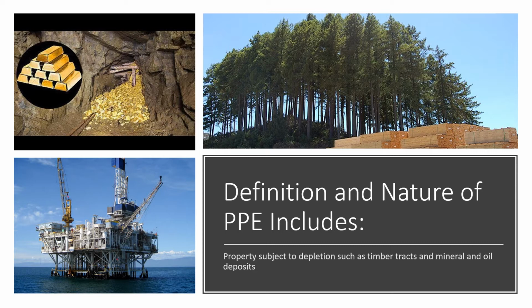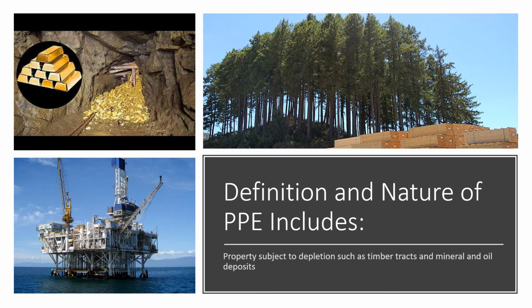For example, land with timber. If you harvest all of the timber, the wood will be used as inventory later on. So if there is no more timber, definitely the value of the land will decrease. That decrease is what we call depletion.